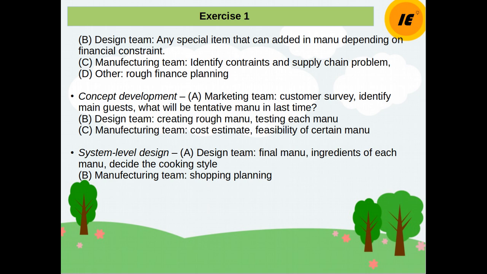And the manufacturing team will do the shopping planning. Here of course we are not talking about shopping for the whole production ramp up, for all 100 people, but rather for each menu, for each segment there is a list of menus and items, and we'll buy all of it just for prototyping, that means testing.